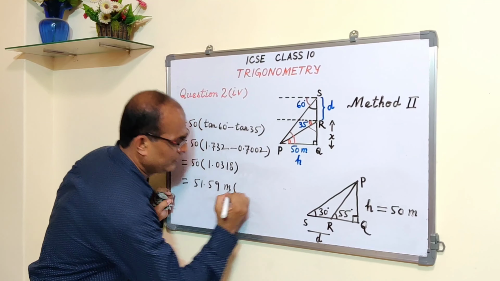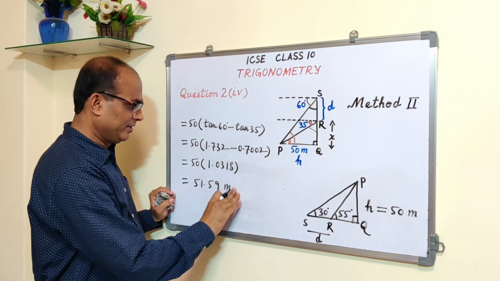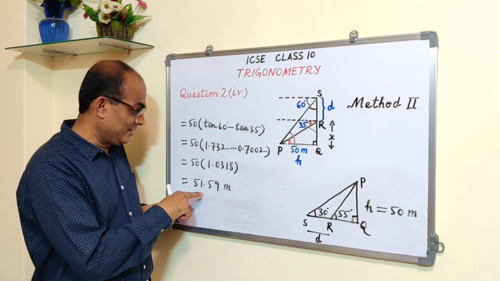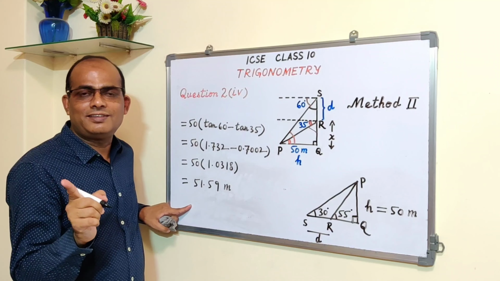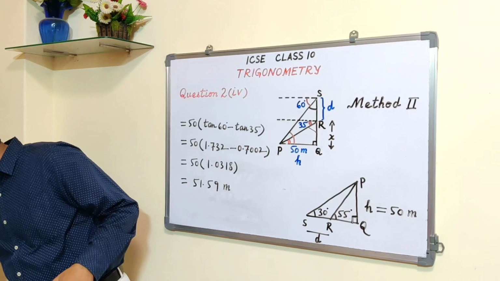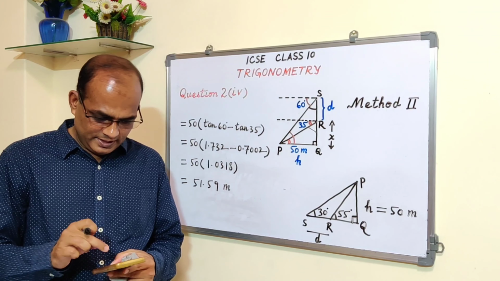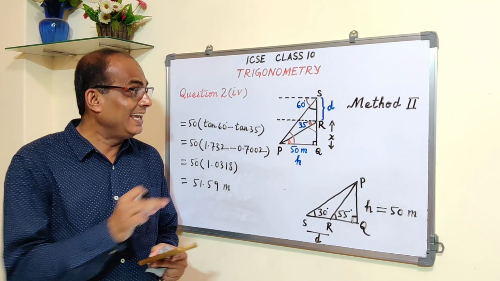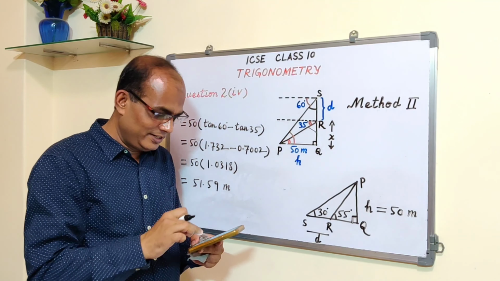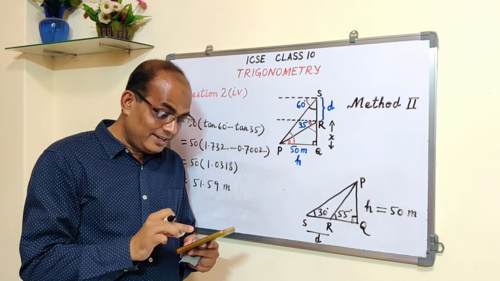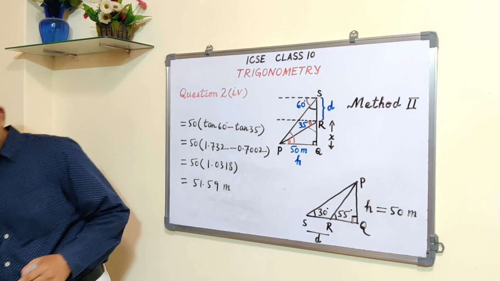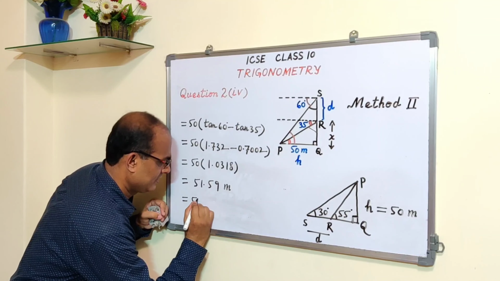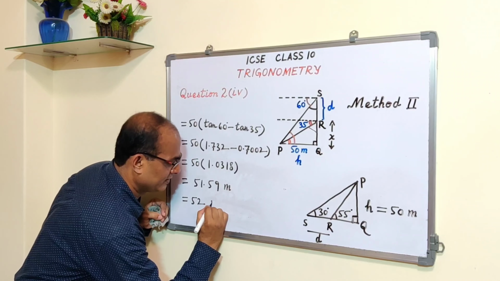And here you have to write meters. But as I explained in the first method, read the question carefully, because the question says find the distance between R and S, that is D, correct to the nearest meter. So this is equal to how much then? 52 meters.